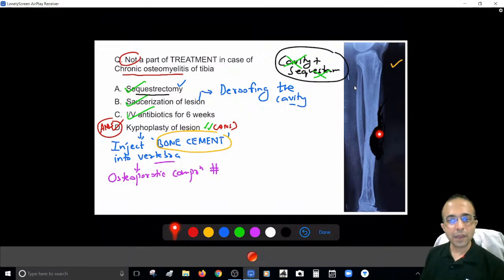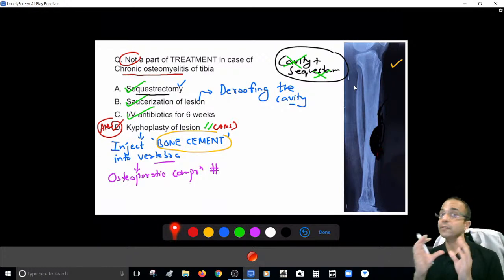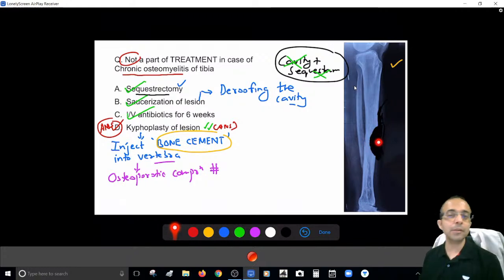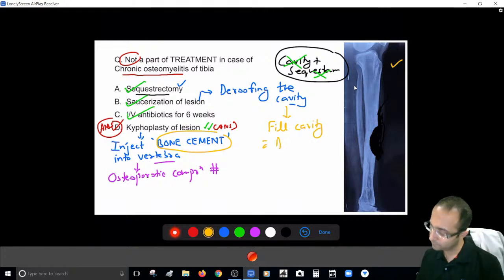Now any discharge that will collect over here will flow out because there is no roof. So infection cannot house itself now in a cavity. And then there's a small issue that there's a cavity now, so thin bone is there, so there can be a pathological fracture. So in order to prevent that pathological fracture, fill this cavity with bone cement.